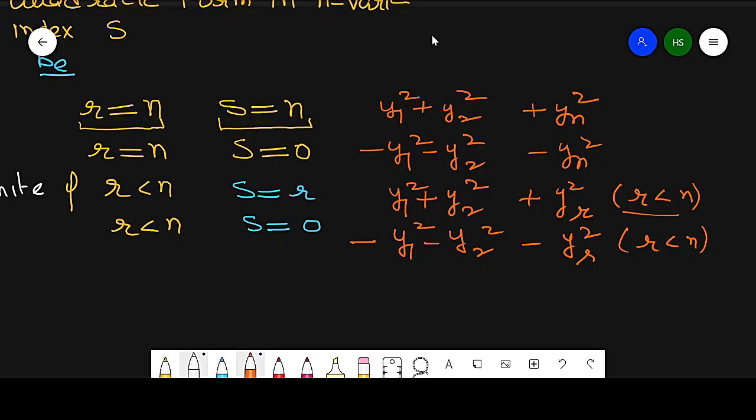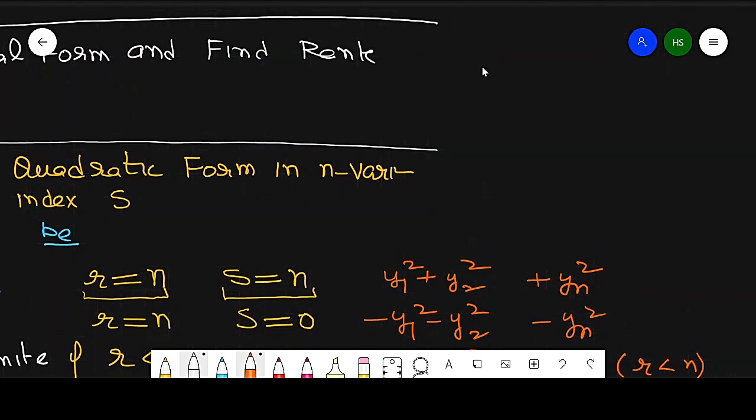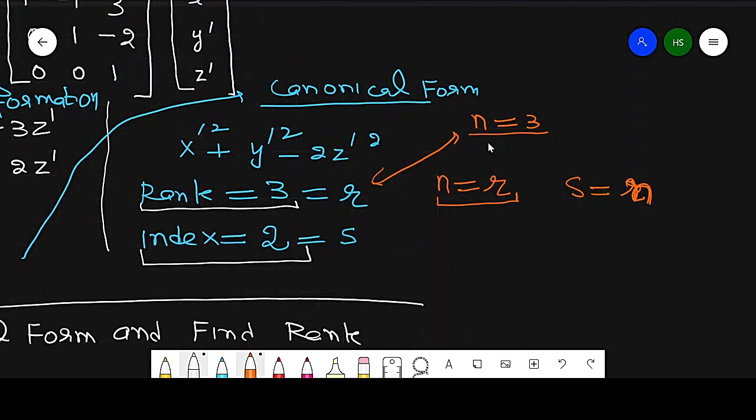Now in our question from the previous example, it is not a positive definite or a negative definite, because it has neither all positive terms nor all negative terms. It has 2 positive terms and 1 negative term. So this is not a case of this kind of equation.